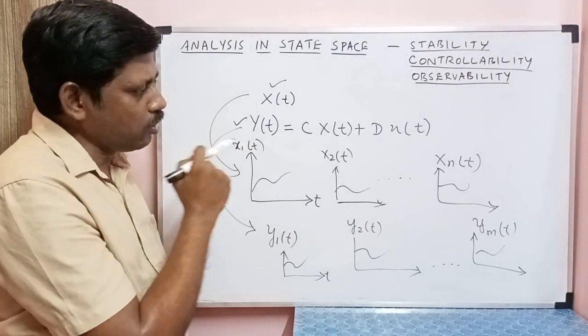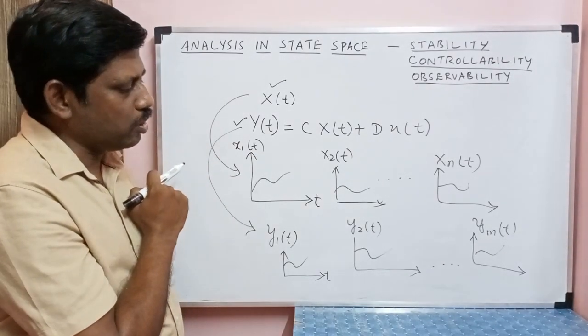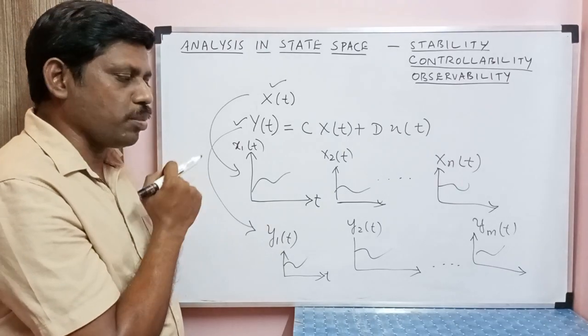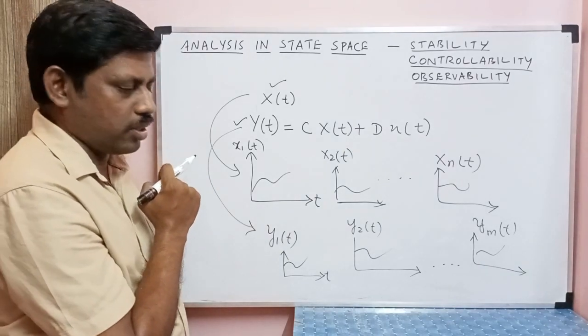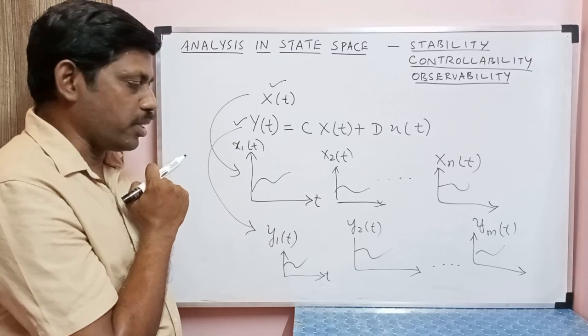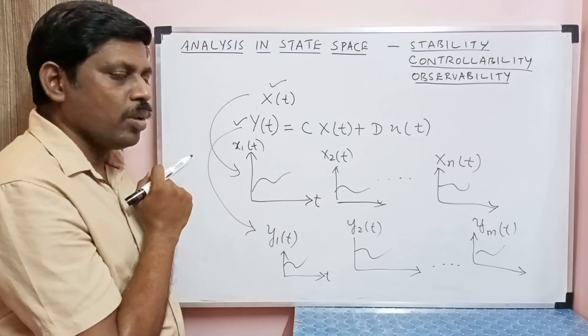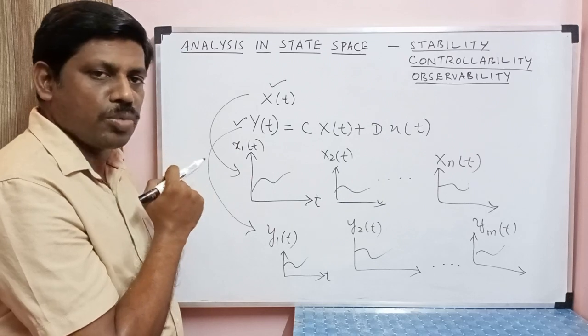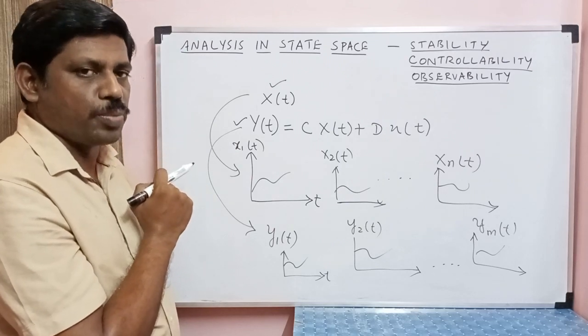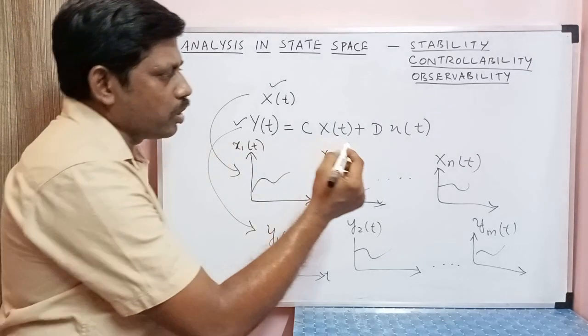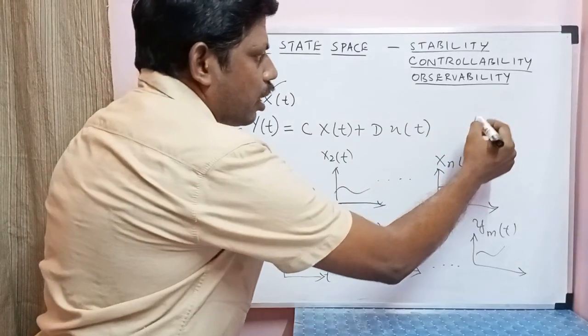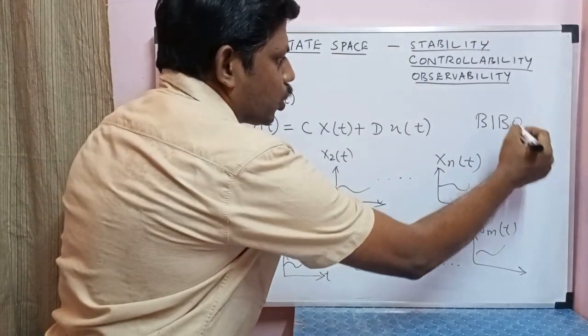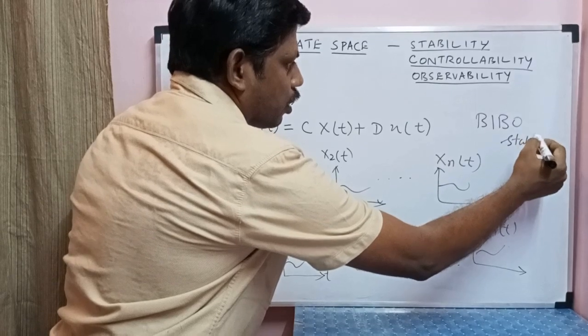When I talk about stability, we should know what is meant by the stability of a system, or what is meant by stability analysis. When I say stability, I mean bounded input, bounded output stability, so we call it BIBO stability.